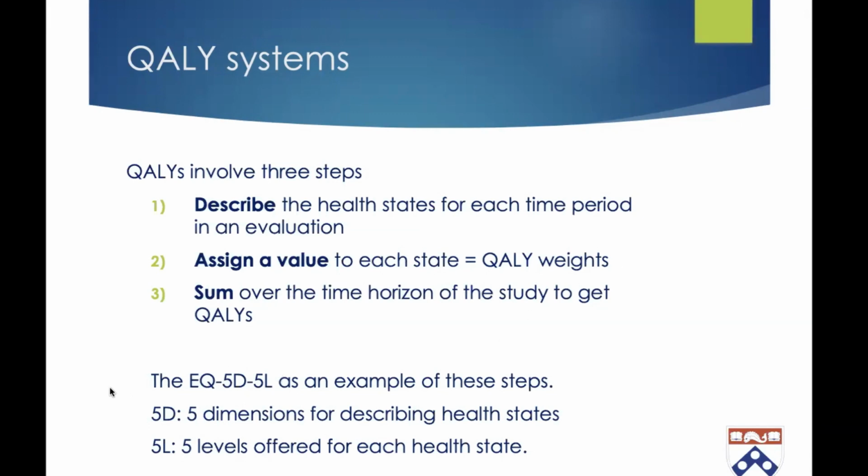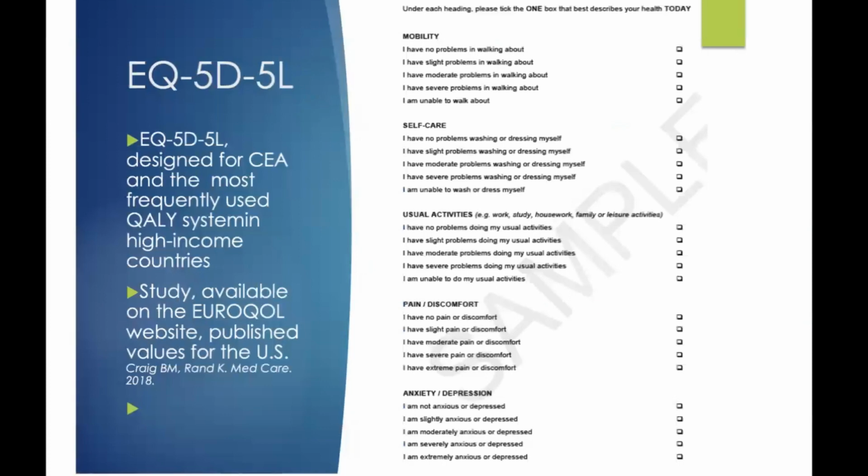The EQ-5D-5L is an example of one of these systems. It's really easy. There are 5 questions with 5 levels each. It's a validated questionnaire instrument designed for cost effectiveness. It's a utility preference score instrument, and it's the most commonly used quality system in high income countries.